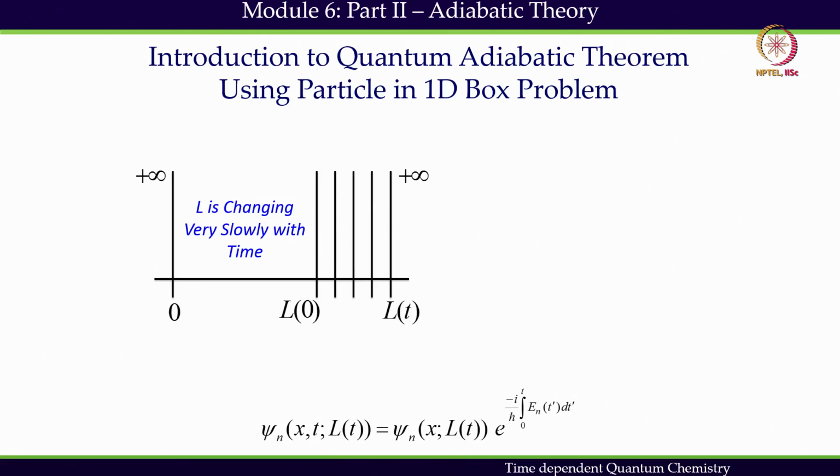Now, here we may assume that the adiabatic process of slow temporal change of the length L of the box is turned on. The assumption is that the process of adiabatic change is turned on at t equals 0.